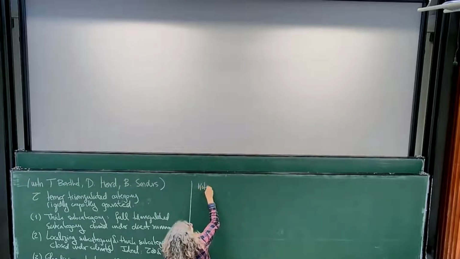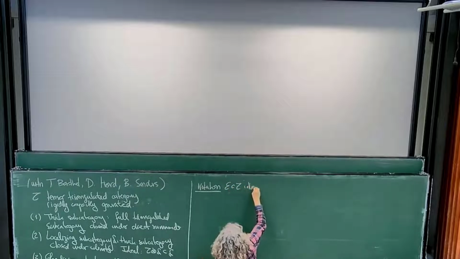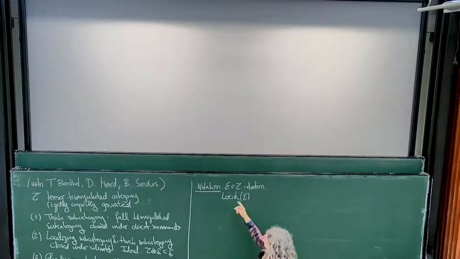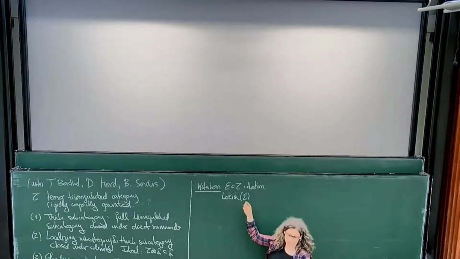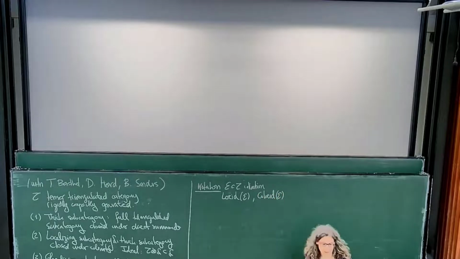So I will use some notation. If this is a collection of objects, then this will be the smallest localizing ideal which contains E, and then the smallest colocalizing coideal containing E. That's the notation I will use.